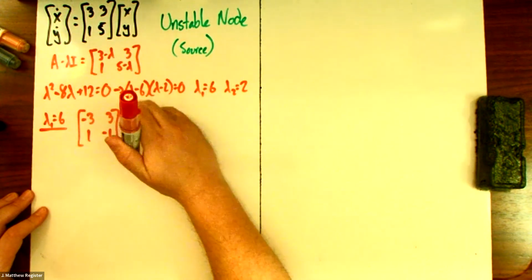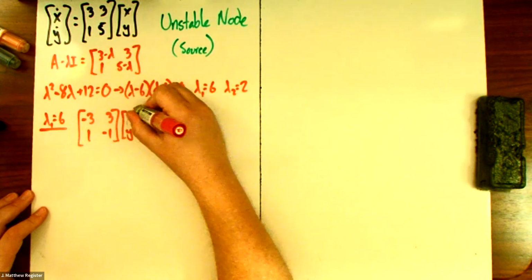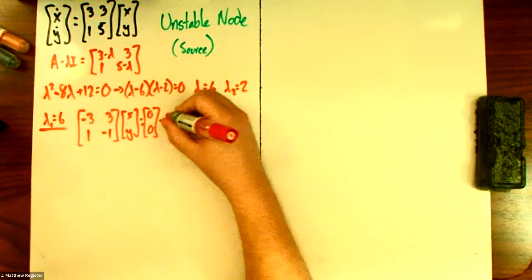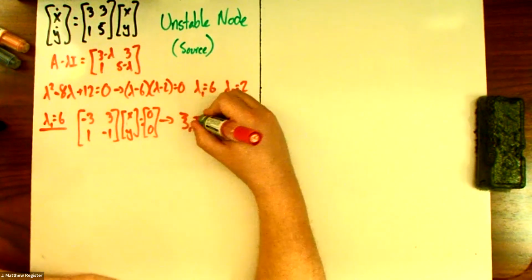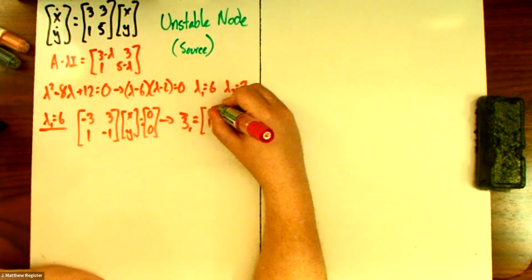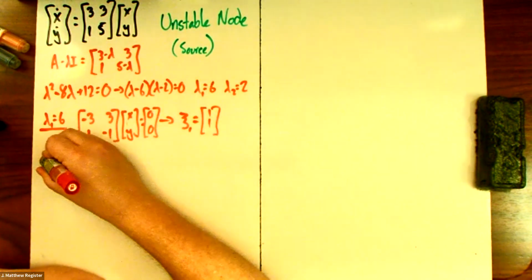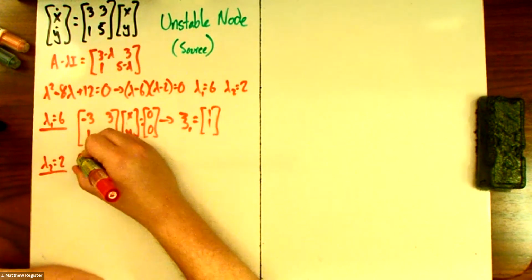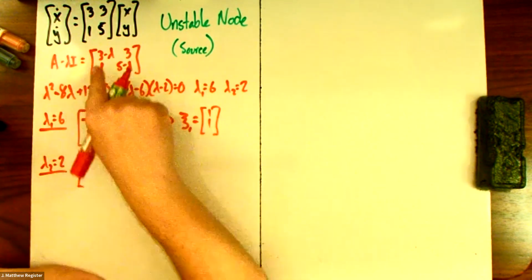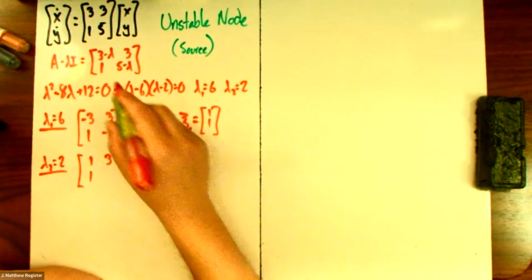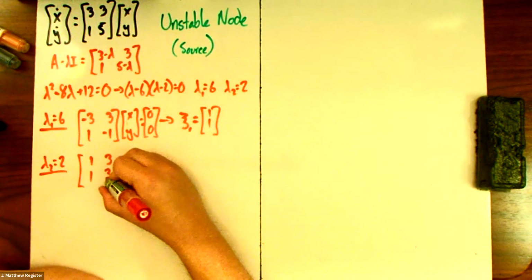And then it's xi equals 0, 0. That tells us that our first eigenvector is going to be 1, 1. For lambda 2 equals 2, we're going to have 3 minus 2 is 1, 3, 1, and 5 minus 2 is 3.